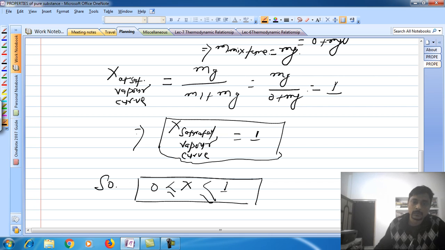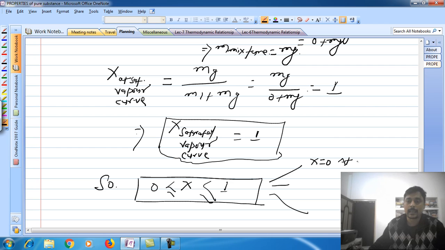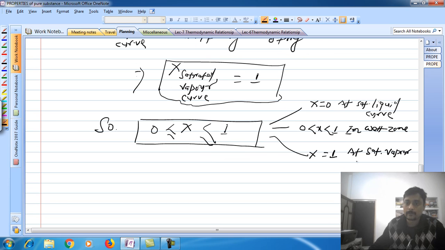This is the range of dryness fraction. x will be 0 at the saturated liquid curve, x will lie between 0 and 1 in the wet zone, and x will be equal to 1 at the saturated vapor curve.